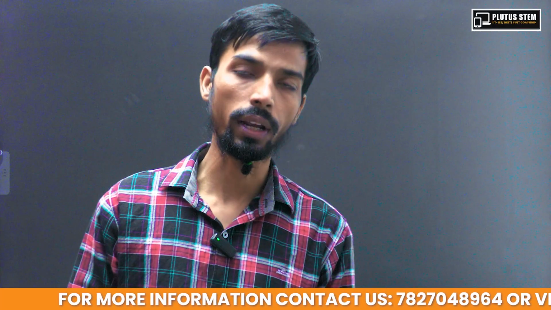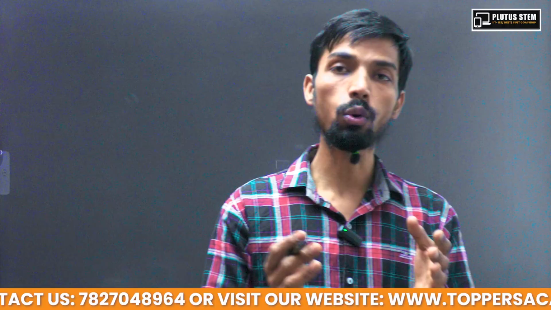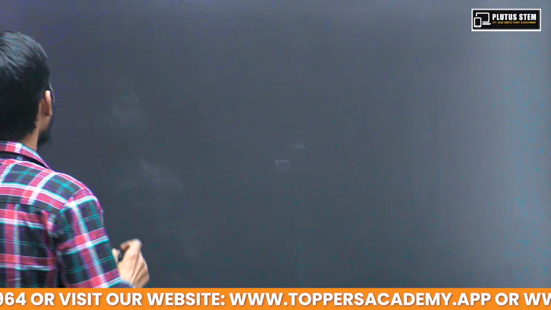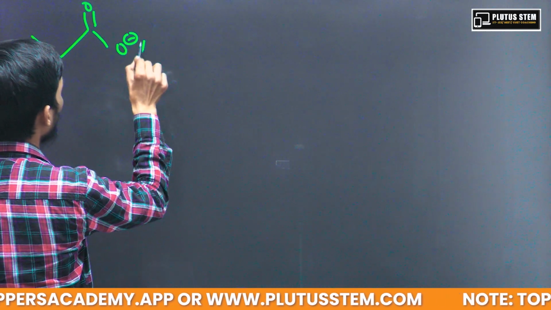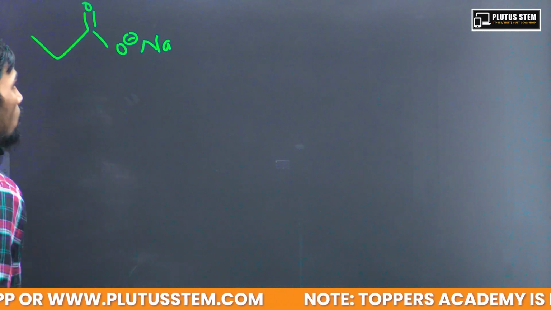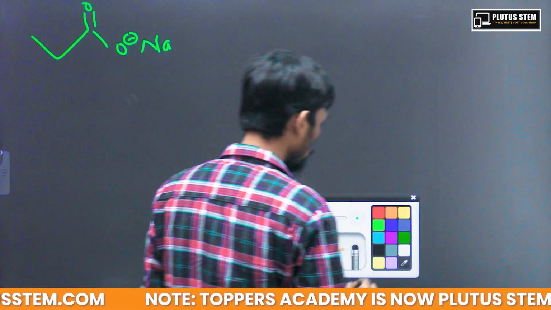So for these few reactions, we are going to discuss how it can apply to different questions. If we are having a moiety like this, C double bond O, O negative Na, for this type of moiety I will just tell you the short trick.